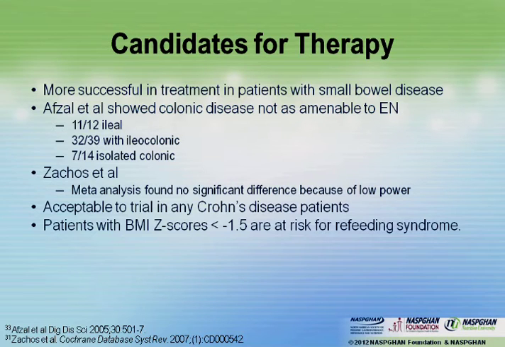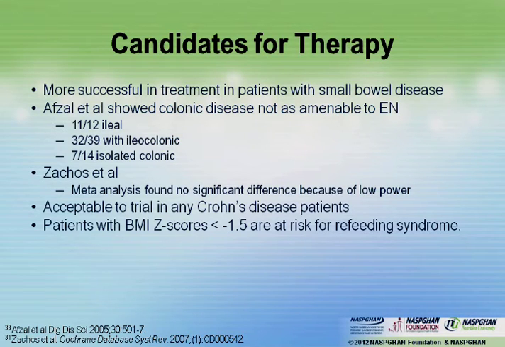A larger meta-analysis could not find a significant difference between the sites, because it wasn't powered properly. For most people it's acceptable to try in any patient with Crohn's disease, but the concern is that patients with isolated colon disease may not fare as well as those with small bowel disease.